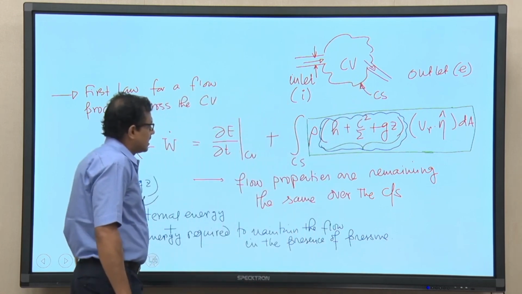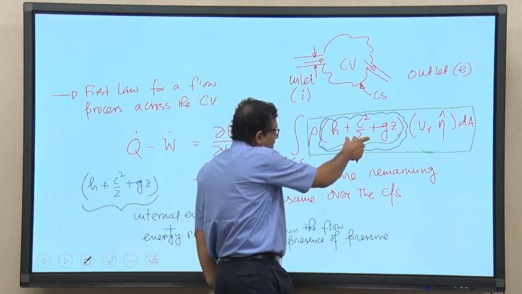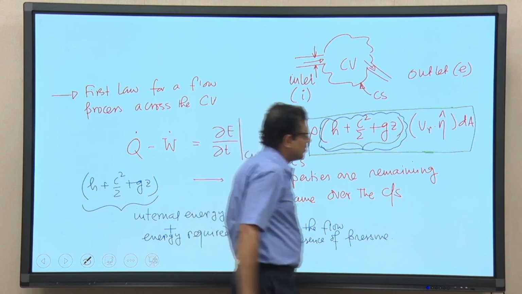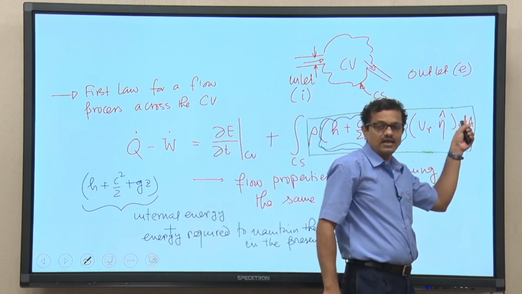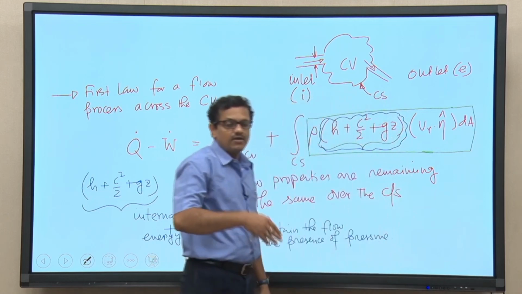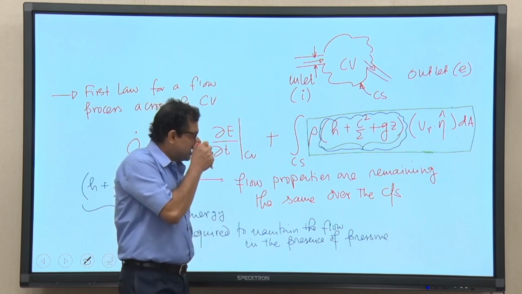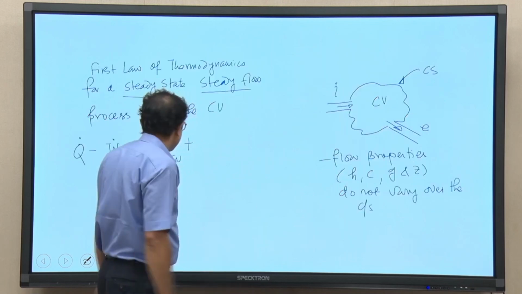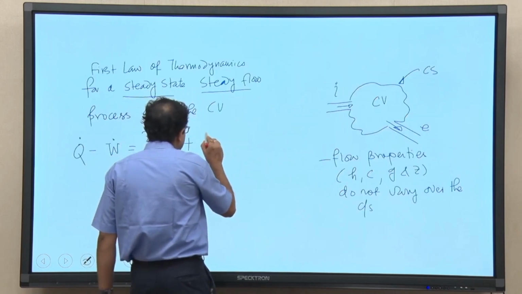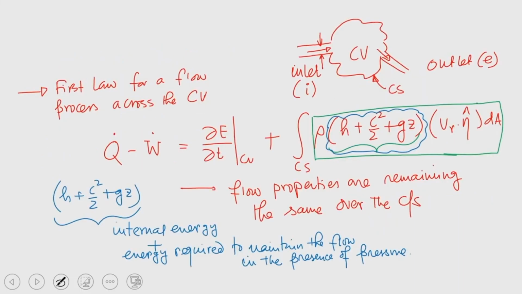So, if these properties are not varying over the cross sectional area A through which flow is entering into the control volume, then we can take them out.